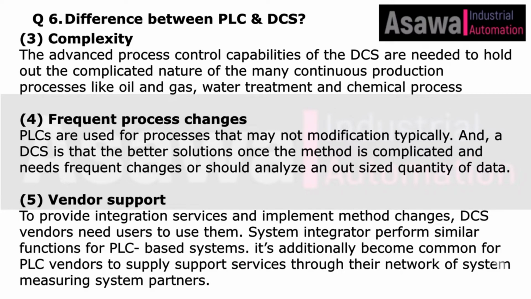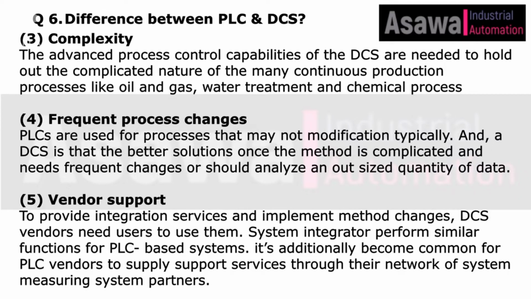4. Frequent process changes. PLCs are used for processes that may not change typically. And a DCS is the better solution once the process is complicated and needs frequent changes or must analyze a large quantity of data. 5. Vendor support.